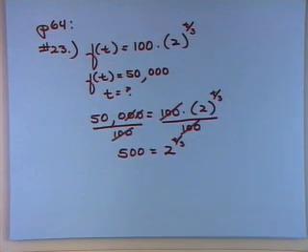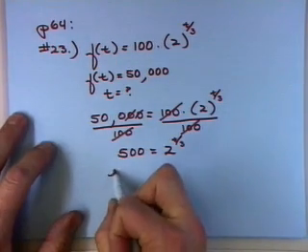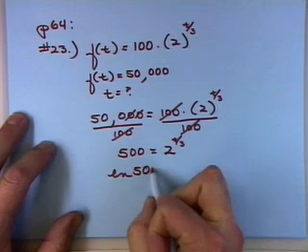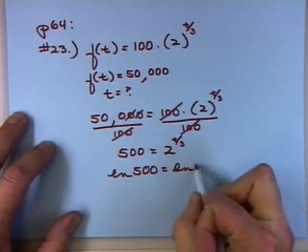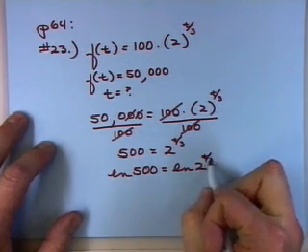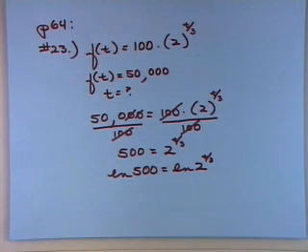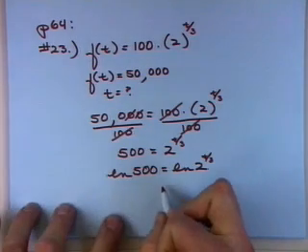Log or natural log of both sides. And that's the advantage that we pick up here by taking the log of both sides. And that is what on the right side? The T over 3 comes out in front in product form.